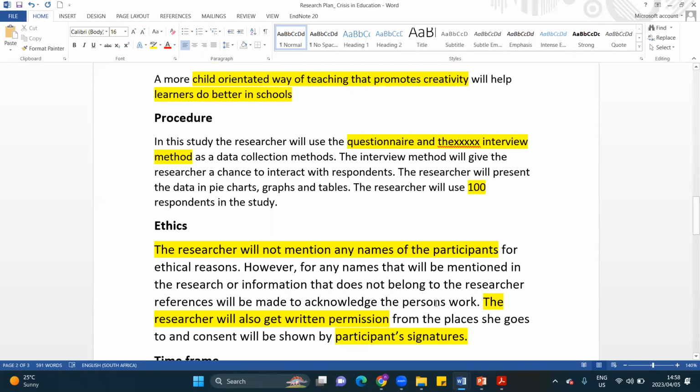It all depends on what the research question is, the hypothesis, and what the learner wants. That is what will determine whether the learner is doing the qualitative, the quantitative, or both.